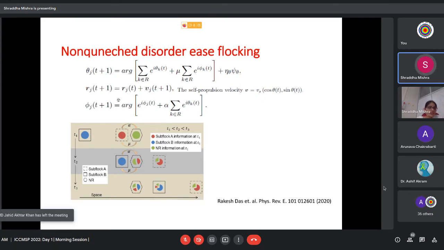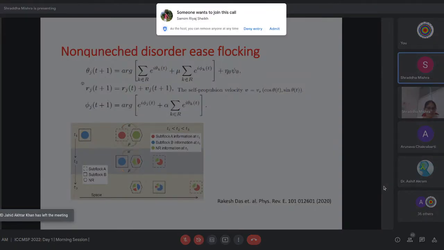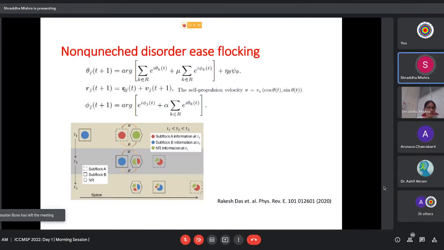So now we have three equations. One is the position update of the particle, which is simply moving in the direction of its velocity. Then the orientation of the self-propelled particles: they align with their neighboring particles and neighboring rotators with some strength mu, and there is a noise with strength eta theta. And these rotators can also reorient.